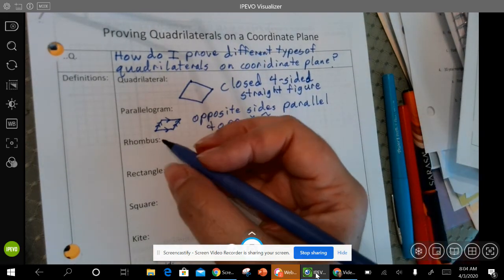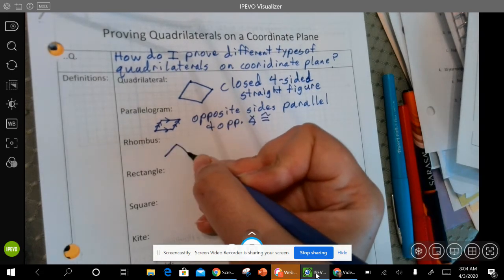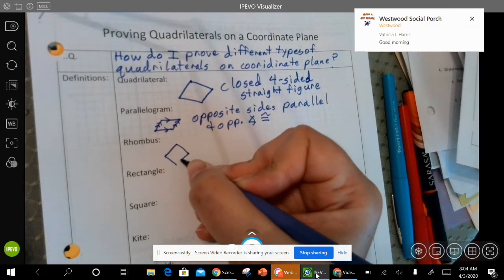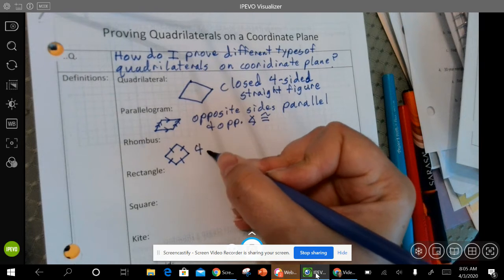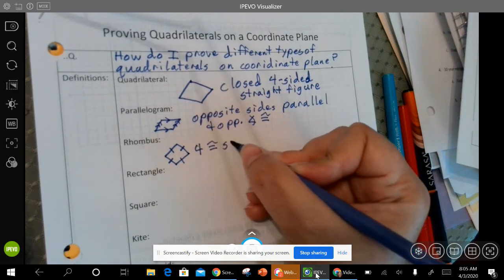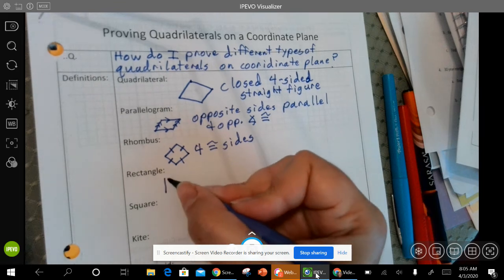Okay, so a rhombus is a parallelogram with 4 congruent sides. So 4 congruent sides is a rhombus. Okay, rectangle.